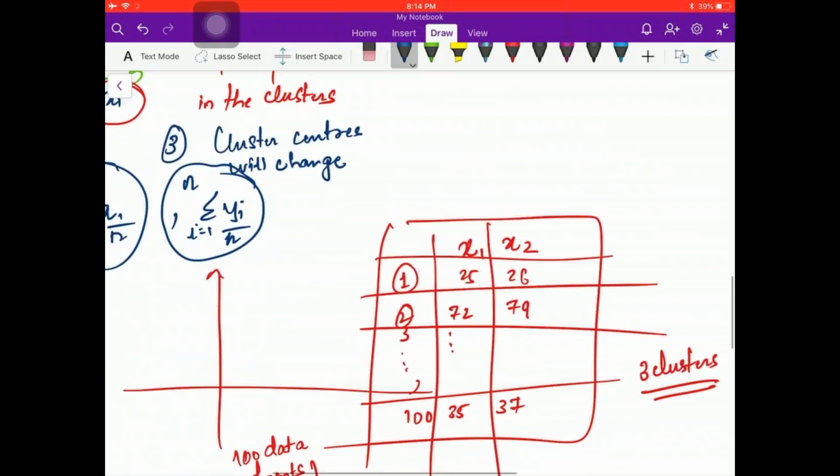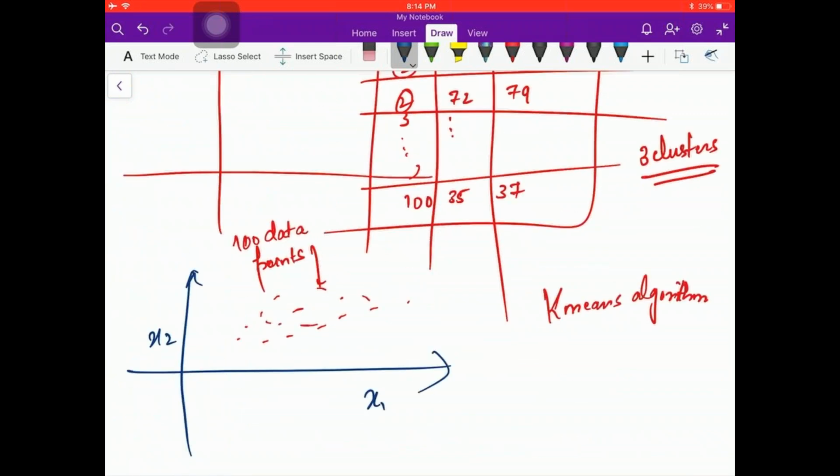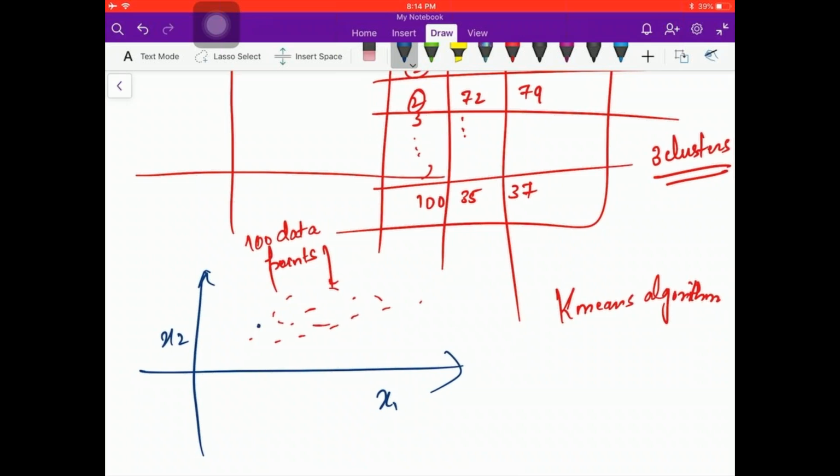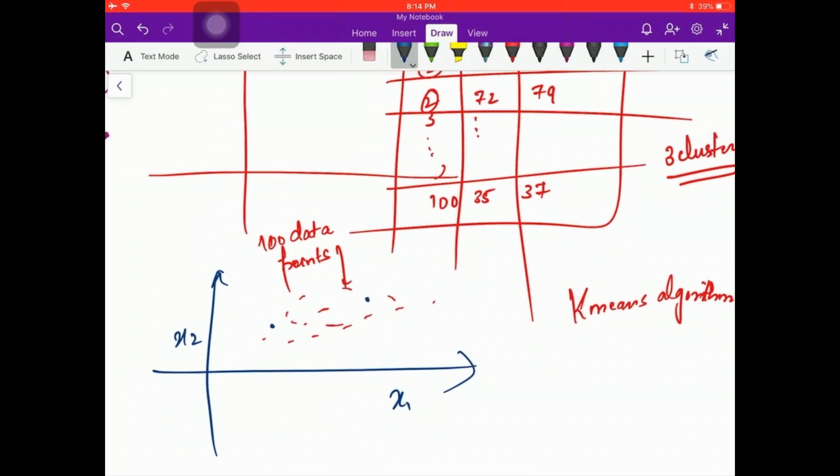K equal to 3, I've told that I want 3 clusters. So initialize 3 random cluster centers. For example, I take this point randomly, this point and this point. You getting it? Awesome.